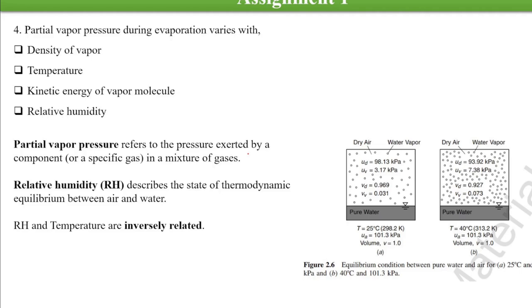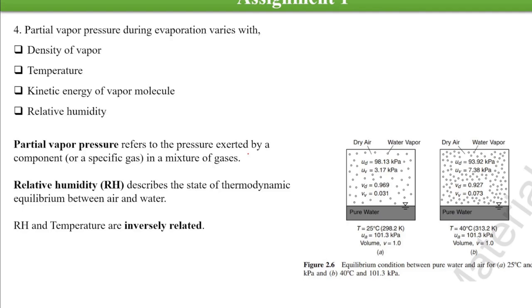Then the temperature. There is one example which I have represented in the figure here, where there are two environmental conditions A and B, and pure water is there. In the first condition the temperature is 25 degrees, and in the second condition the temperature is 40 degrees.